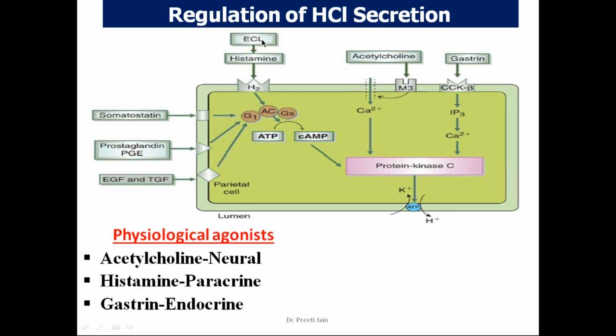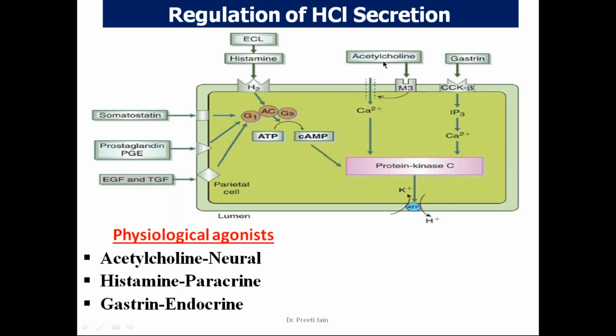So in the regulation of HCl secretion, what has to be done is that there has to be a rearrangement of the tubulovesicular structures which contain the hydrogen potassium ATPase pump. And how will this arrangement happen? This arrangement will happen by the intracellular calcium increase. How will the intracellular calcium increase?